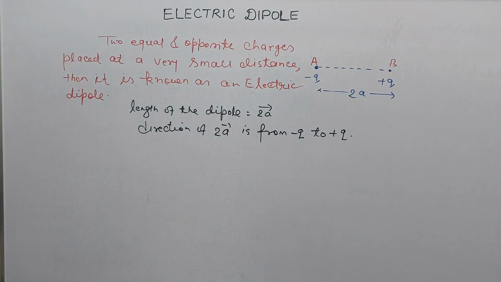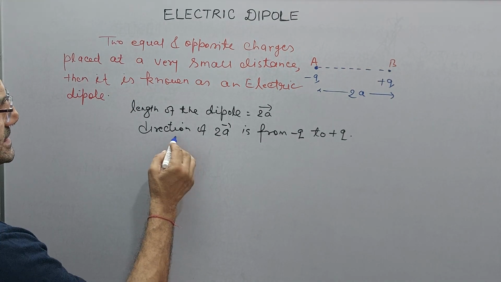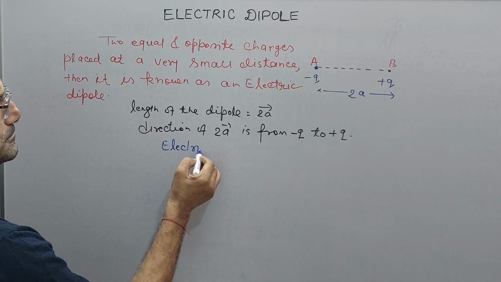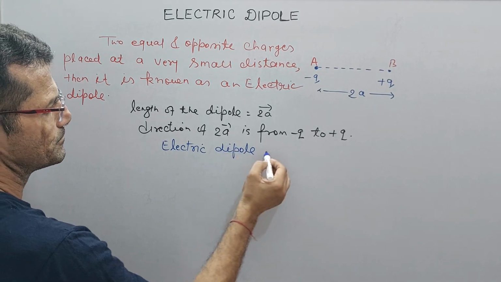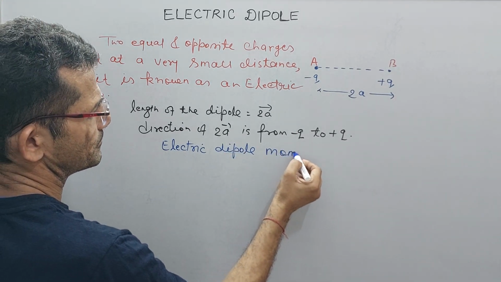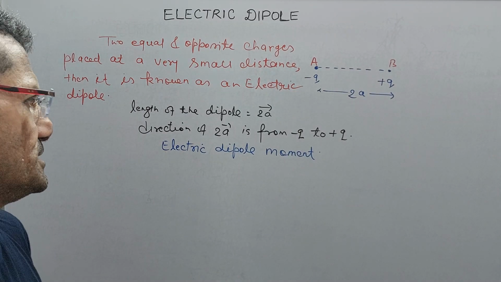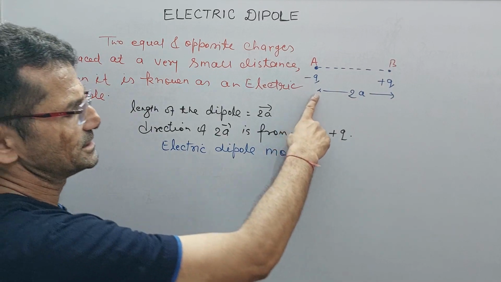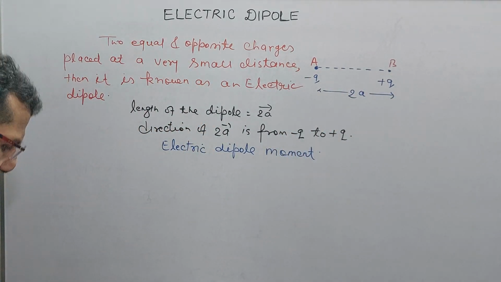Now the next topic we have is the electric dipole moment. The electric dipole moment is the product of either charge and the distance between the charges.